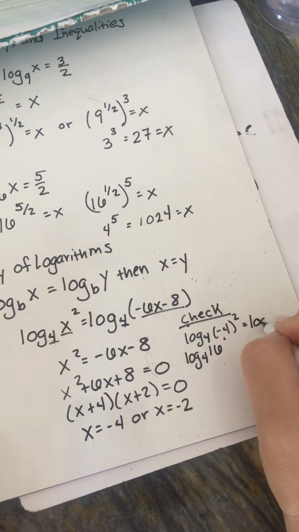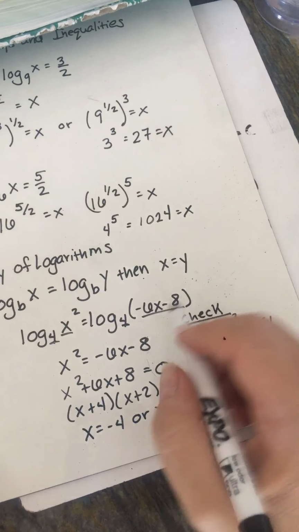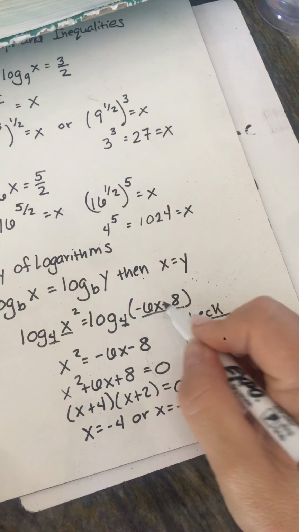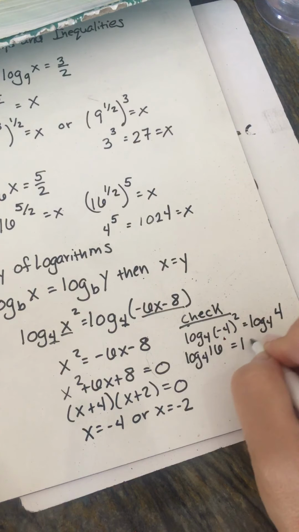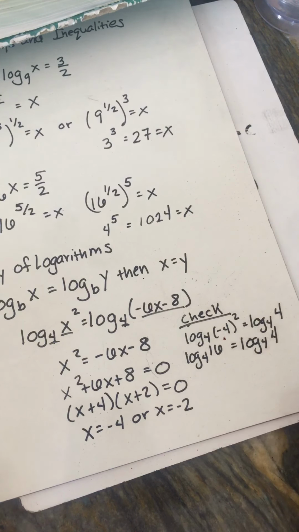And we want to see if that's equal to log base 4 of, that'll be negative 2. So that's a 12 minus 8. 12 minus 8 is 4. Okay, so does that work? Does that check?